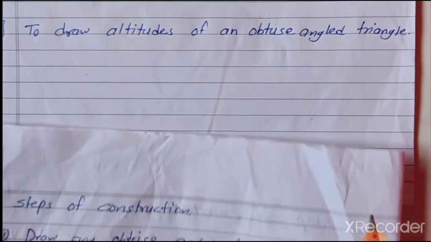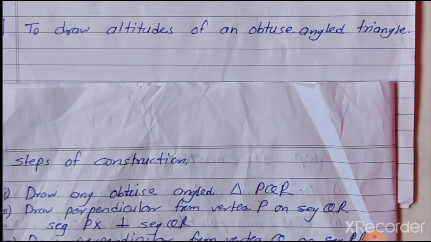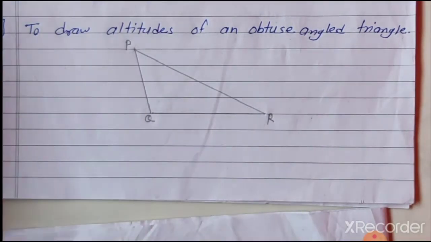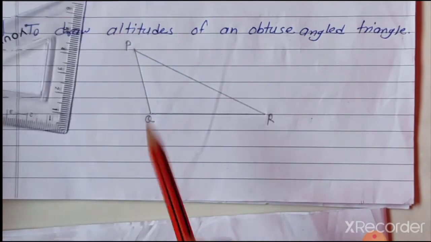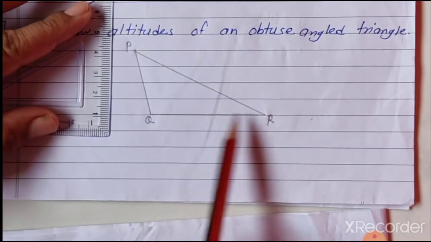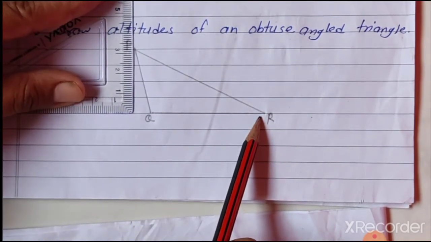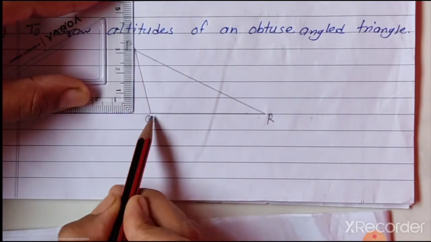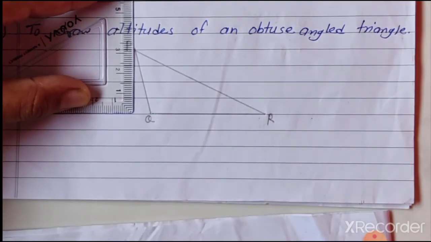So the first step is to draw any obtuse angle triangle, suppose whose name is triangle PQR. This is our obtuse angle triangle PQR. So let us draw the first perpendicular from point P to segment QR. When you draw this perpendicular, it will go outside the triangle. Therefore extend this segment QR in the Q direction.